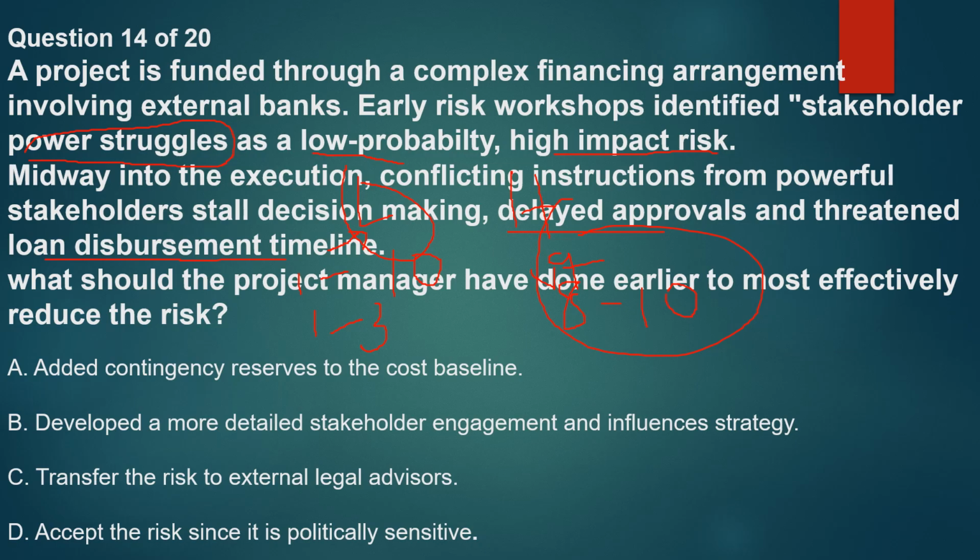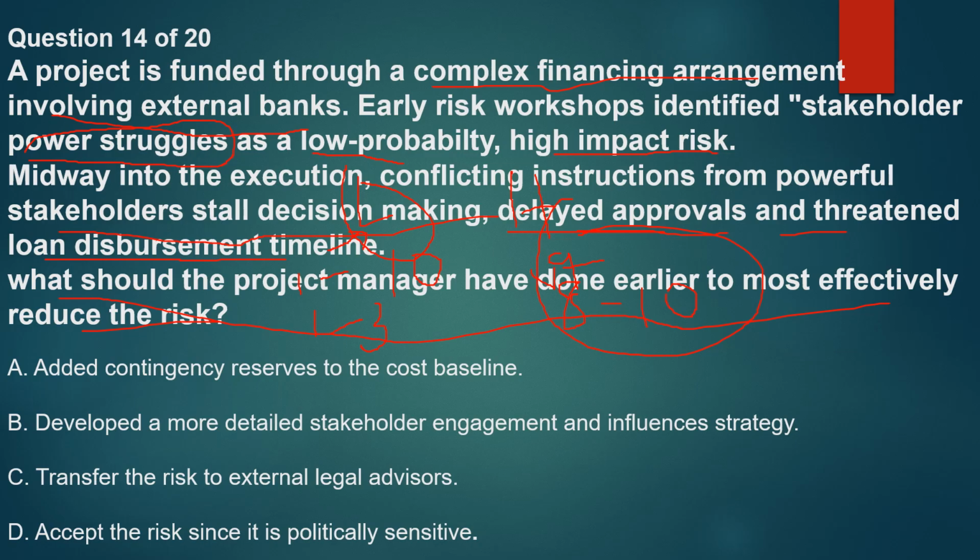From this question, what should the project manager have done earlier to most effectively reduce the risk? Because the stakeholders stalled decision making, delayed approvals, and threatened loan disbursement. Remember, it's from the bank. The project is being funded through a complex financing arrangement involving external banks.